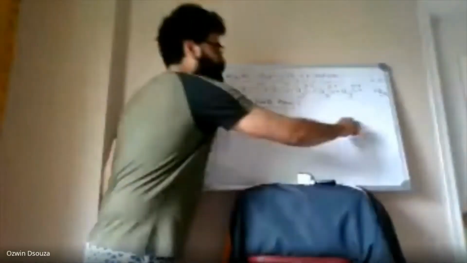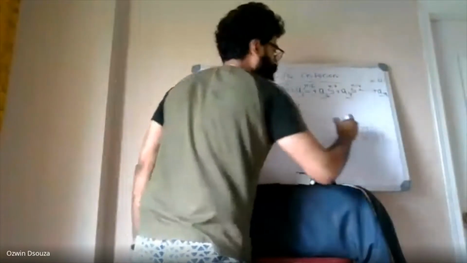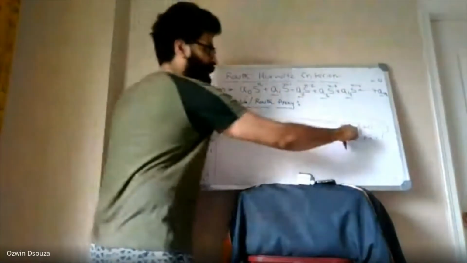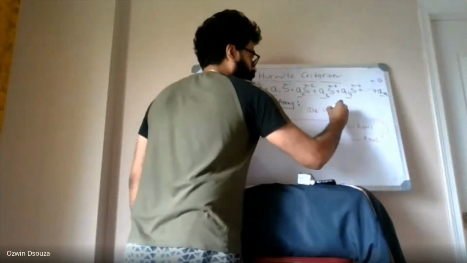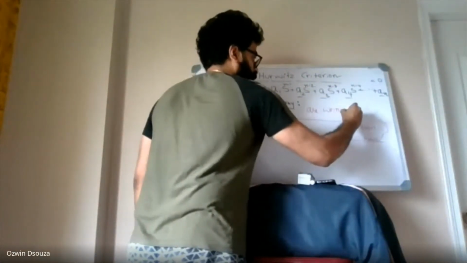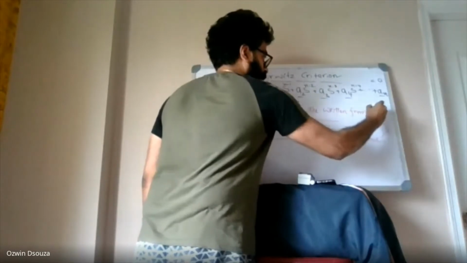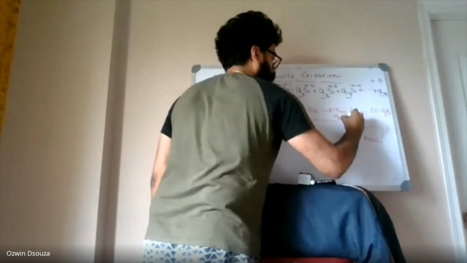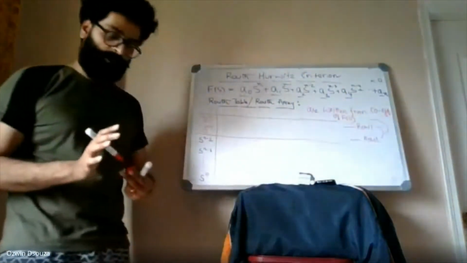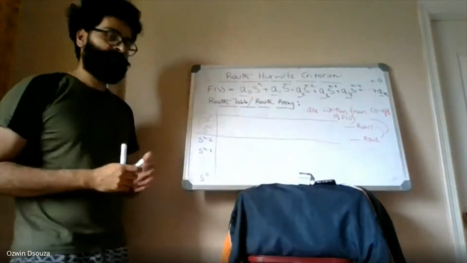The first two rows are directly written from the coefficients of the characteristic equation f of s. All right. Only the first two rows.